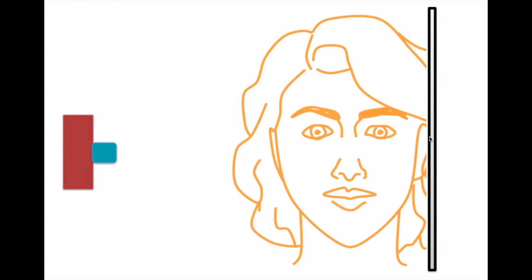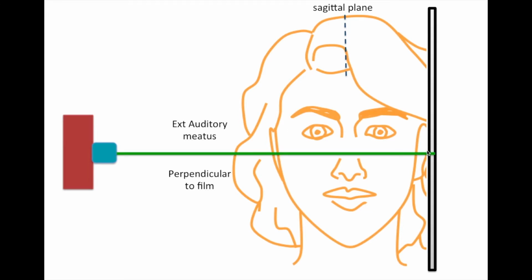Image receptor is placed such that it is parallel to the sagittal plane and the beam is directed perpendicular to the image receptor along the external auditory meatus. So, image receptor parallel to sagittal plane, beam perpendicular to film along the external auditory meatus.